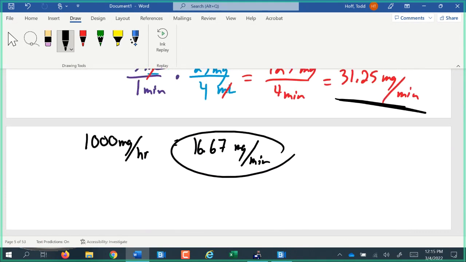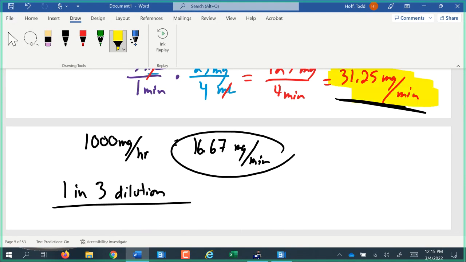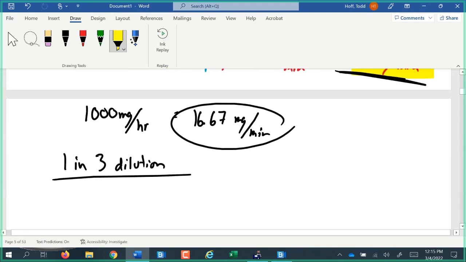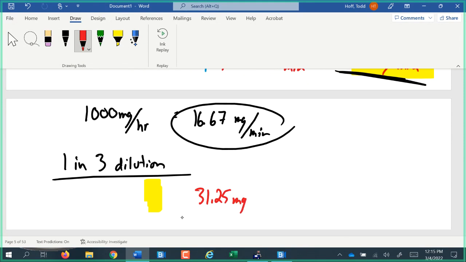That dilution ratio then, let's say we do a 1:3 dilution. Well, the minimum infusion rate before was 31.25 milligrams per minute. In fact, I don't even have to write it out as a rate like that.